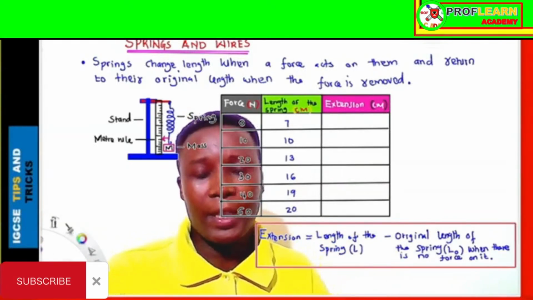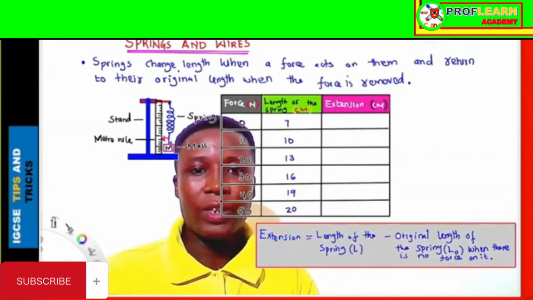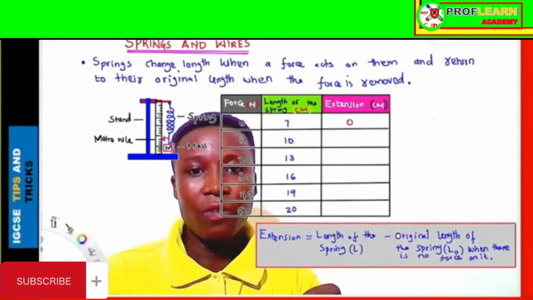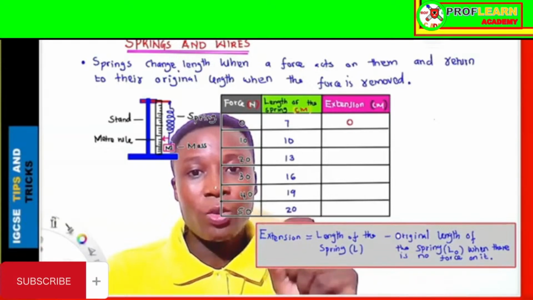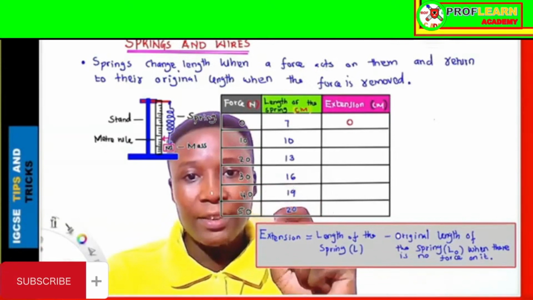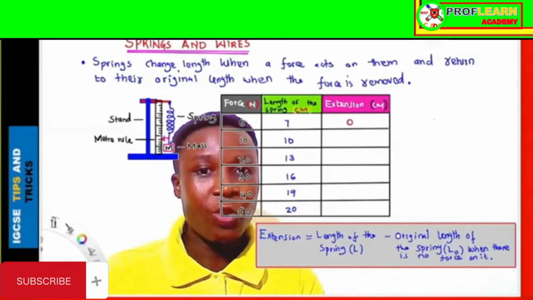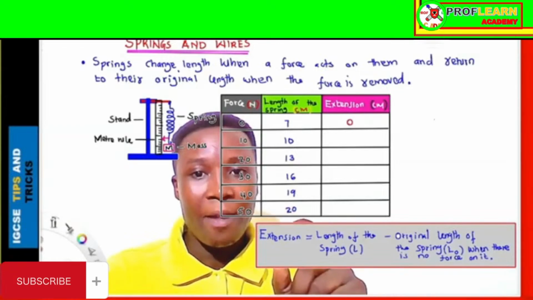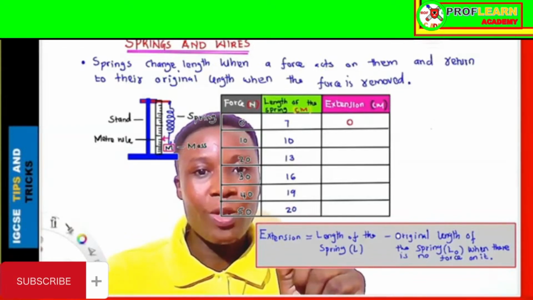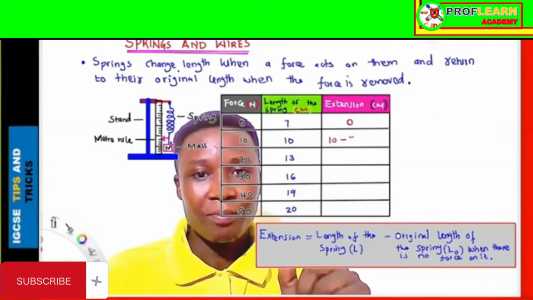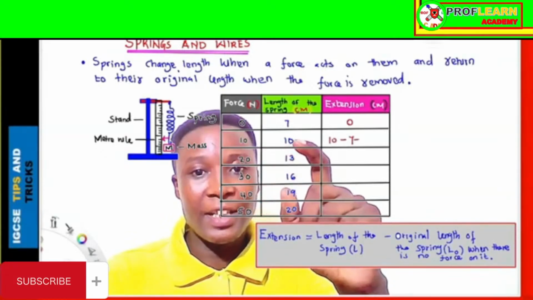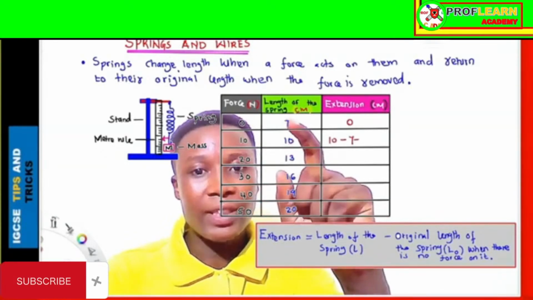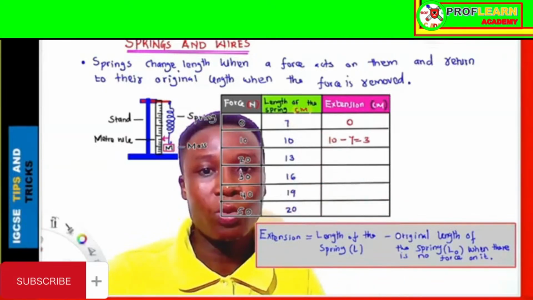Let us go straight ahead and work out the extension for each of these. The first extension is 0 because when there is no mass, the spring has not stretched. Then to get the second one, we subtract 10 minus 7, because 10 is the new length and 7 was the length when there was no mass, and we get 3.